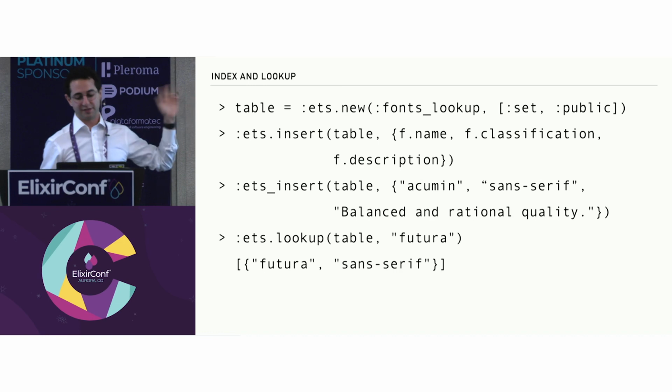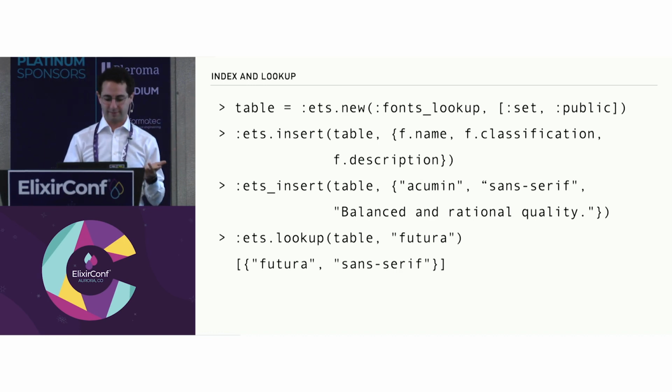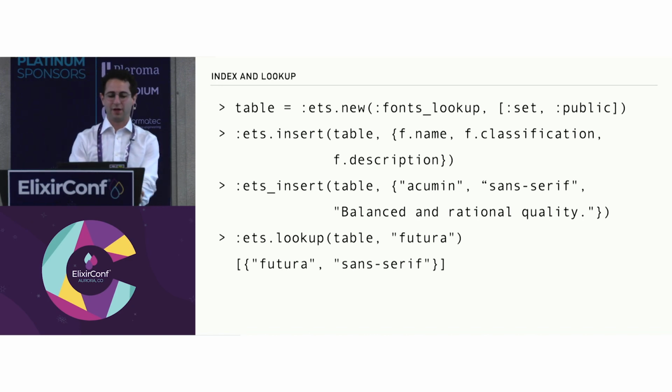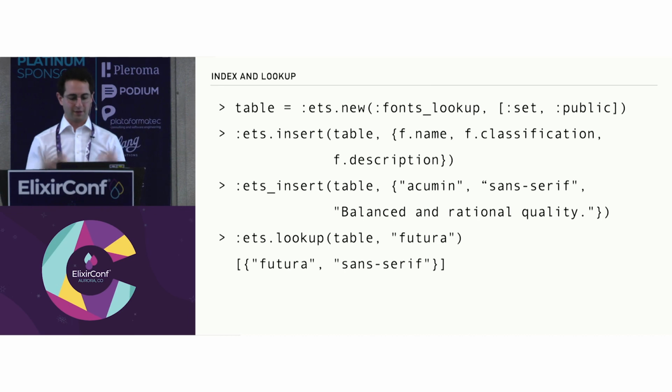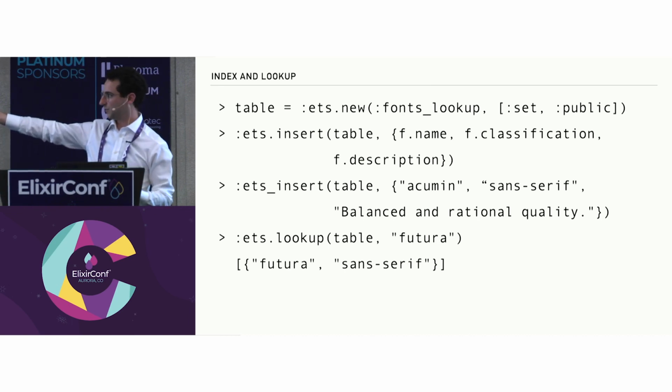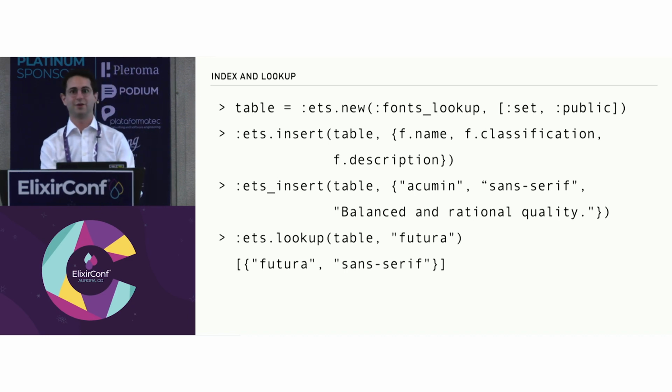This is the default ETS table type. After that, we'll put some data in with :ets.insert, ignore this horrible typo on the third line. And then when you want to look up stuff, you can just call :ets.lookup and pull out, in our case, the font Futura, which is a sans serif.